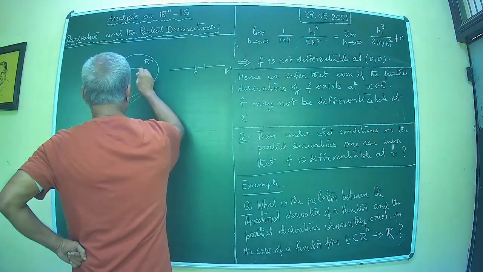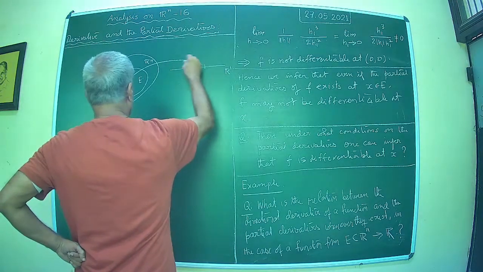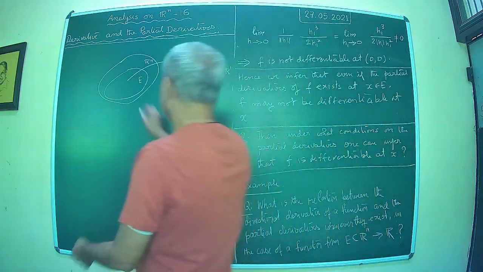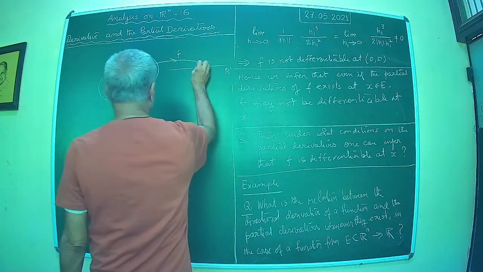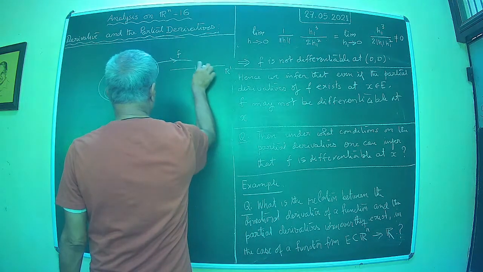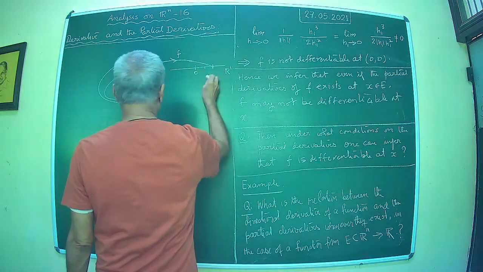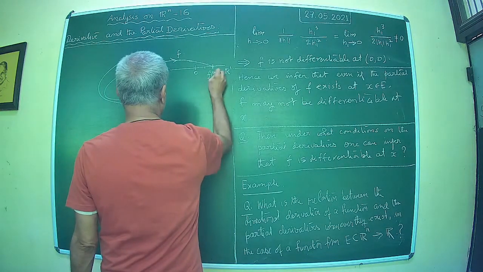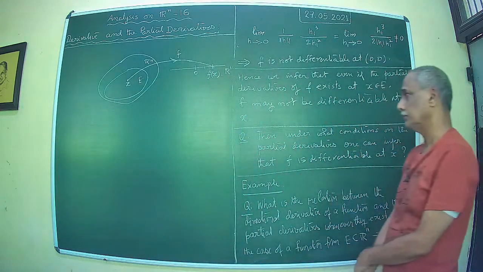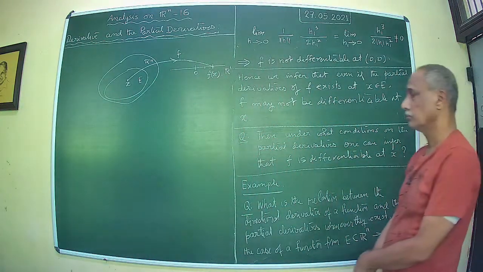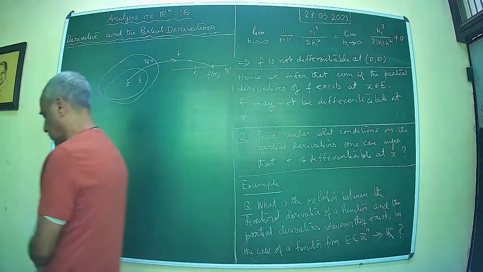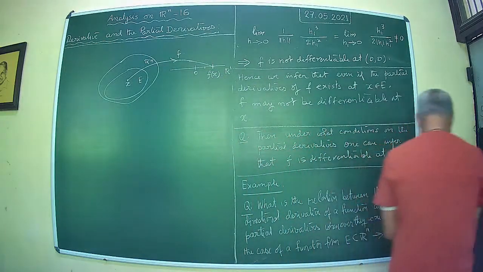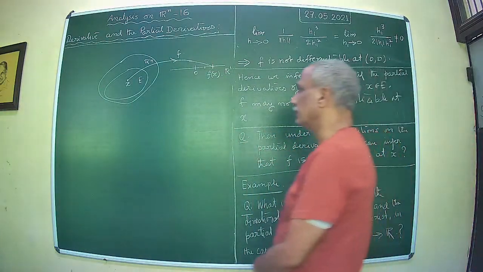So we define a map from here to R. So this function is given. Now we assume that this function is differentiable.